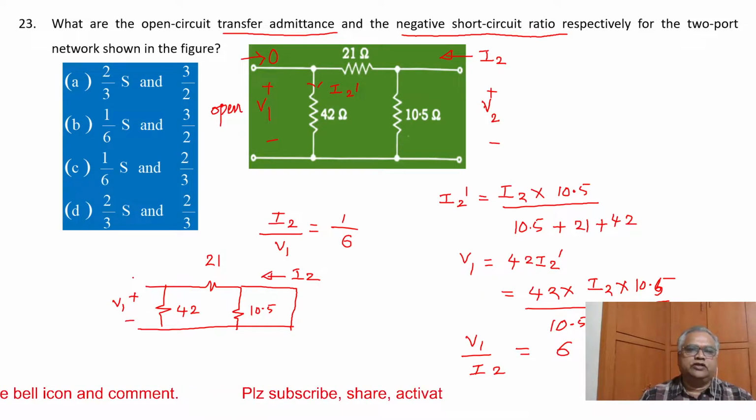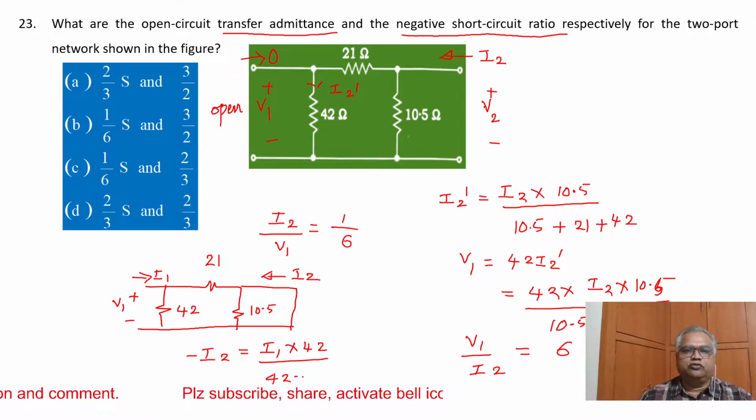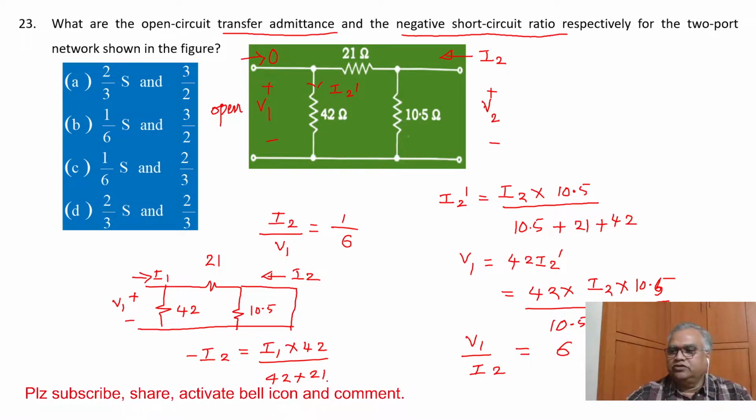Here V1 is there, I1 is there. So when this is shorted, what is the current in this 10.5? 0. Current will not flow. So incoming current I1 is dividing between 21 and 42 only. So what is I2? I1 into current division formula, 42 by 42 plus 21. So this you have to simplify.